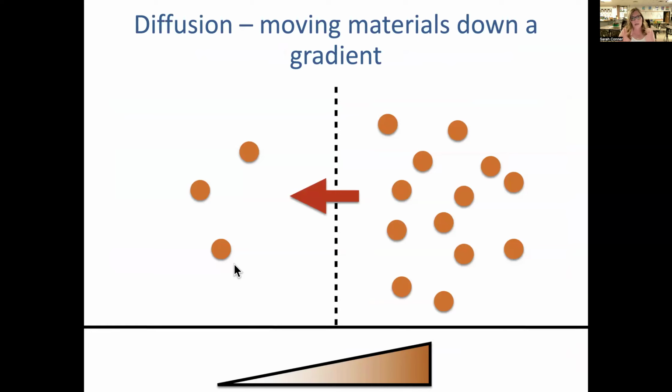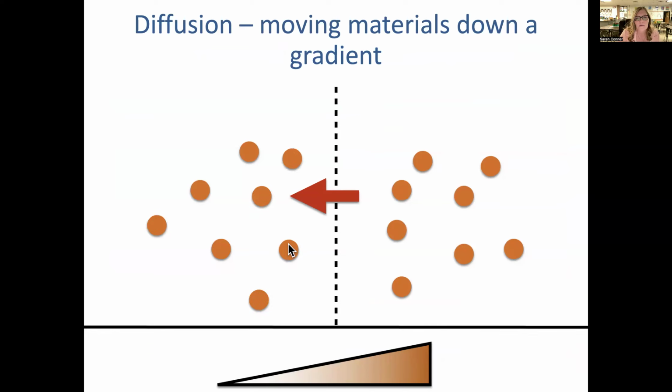So when we're looking at diffusion, we're moving down the concentration gradient that is depicted here. We're going down the slide, from high concentration up here to a lower concentration. No energy is needed. This is passive.